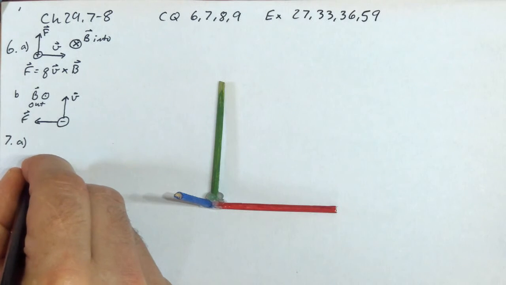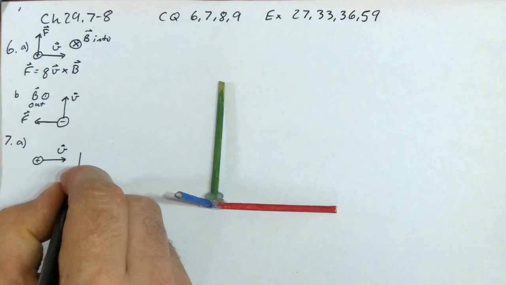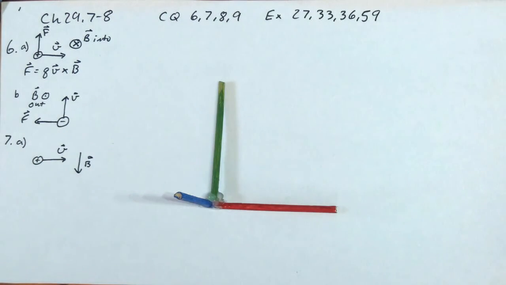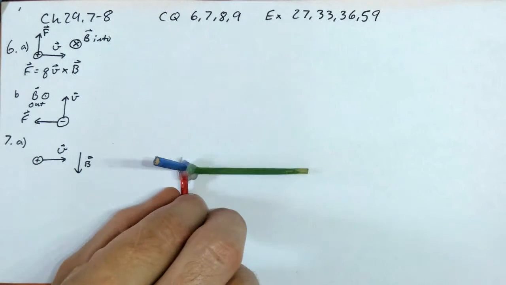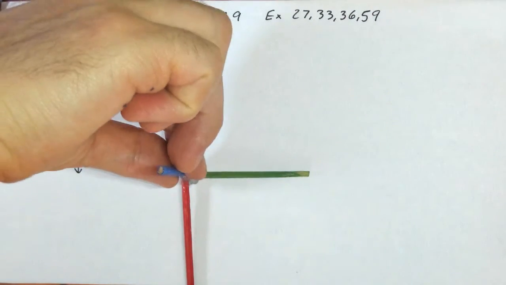We have a positive charge moving to the right in an area where the magnetic field is everywhere pointing down the page. What is the direction of the magnetic force? Right-hand rule: I need my green pointing to the right, and my blue needs to point down.